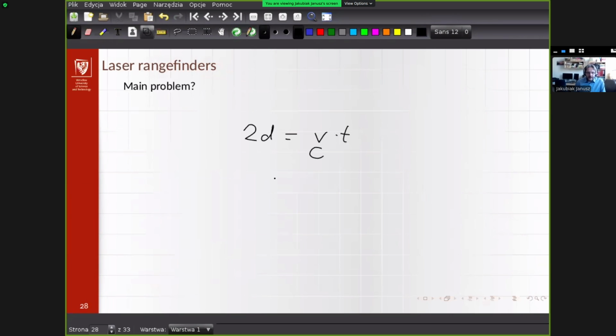And you can realize that the time that you need to measure becomes very short with that value. So we need to be very precise with measuring the time.